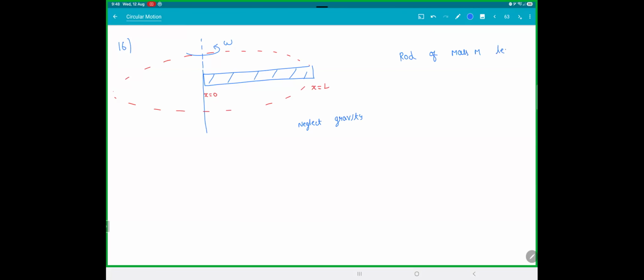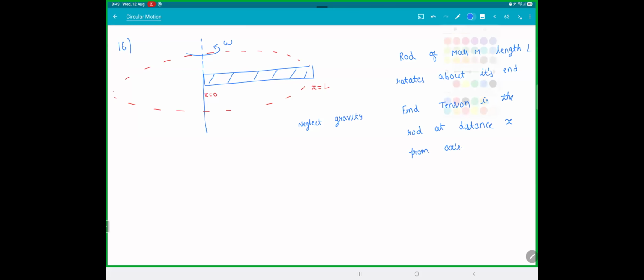Rod of mass m, length L, rotates about its end.